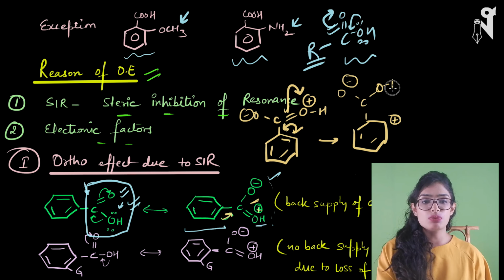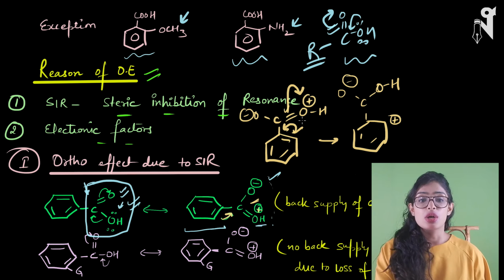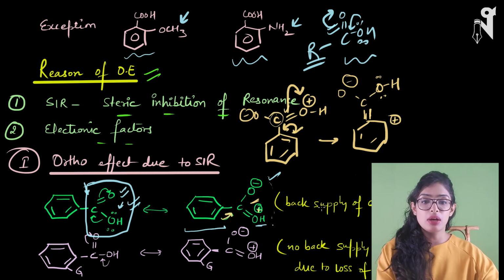So the positive charge it had, it got back from the carbon double bond oxygen, and this carbon got the electron density from the benzene chain. So here is a pi bond over here. So this has become like this, right? So basically now this positive charge will get dispersed in the whole benzene chain.